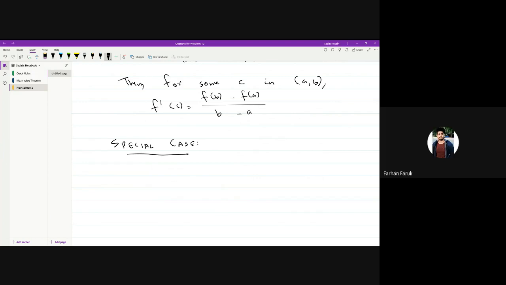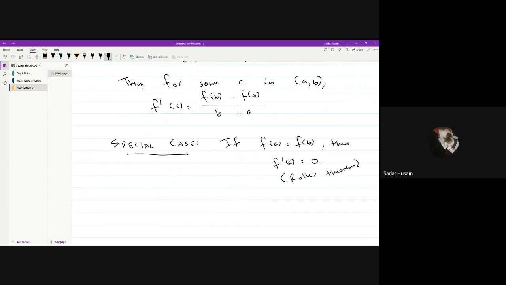So f of a equal to f of b. আচ্ছা, if f of a equals f of b, then f prime c would be 0 divided by b minus a, which is equal to 0, right? So this special case is called Rolle's theorem.